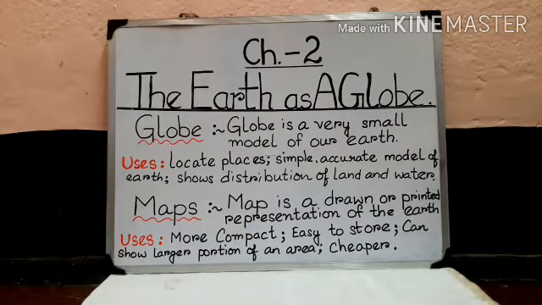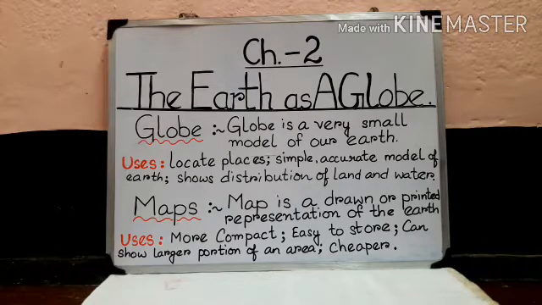So we have more of water and less of land. So we can say that 2/3 of the total area of the earth is water and the remaining 1 part is land. So children, we can stop here.